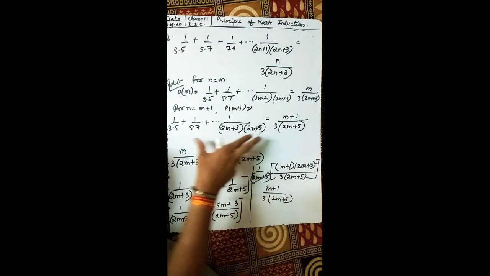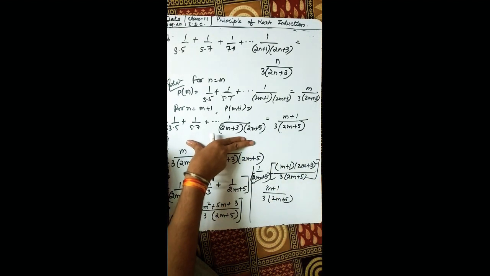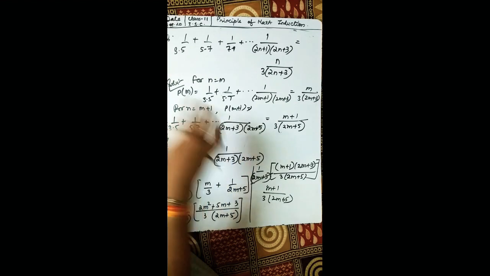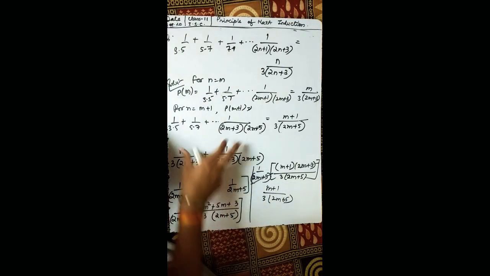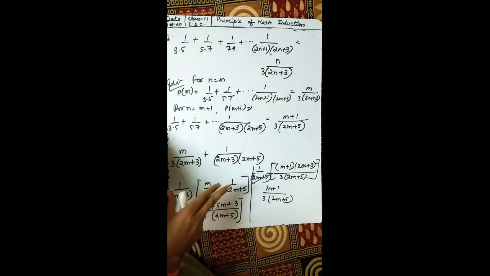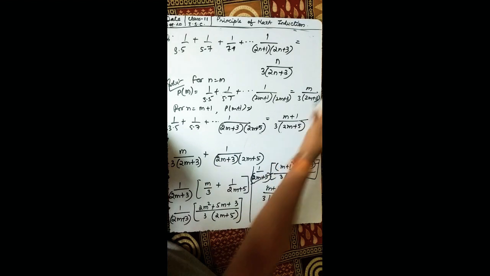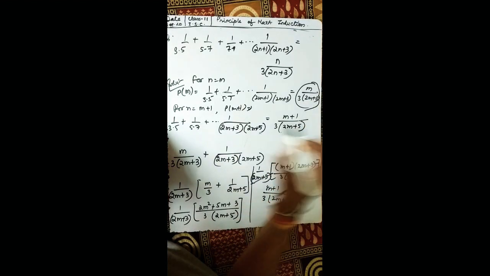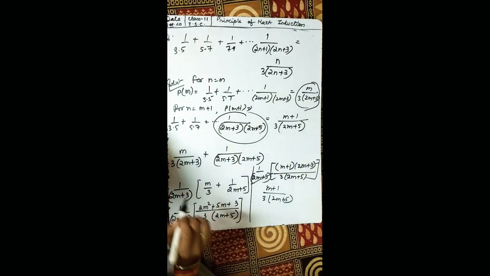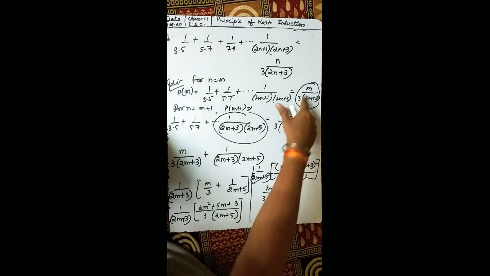Taking LHS, as I explained to you from the 4 to 5 question previously, this step can be written as this and that. So I'm directly taking, I have to add this thing and this thing. I hope you will understand how this plus this.